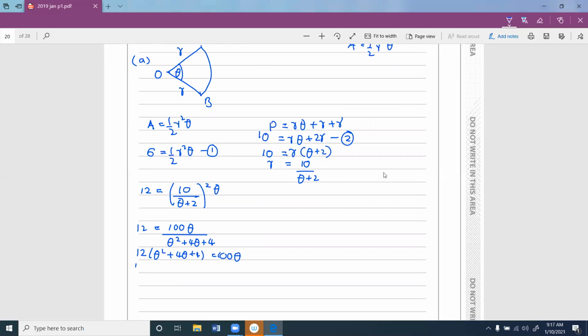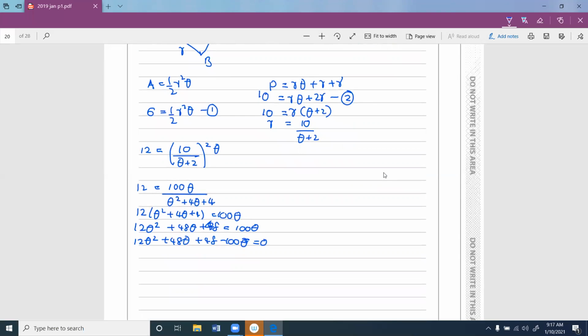If you simplify, 12 theta squared plus 48 theta plus 48 equals 100 theta. Then bring the 100 theta to the other side: 12 theta squared plus 48 theta plus 48 minus 100 theta equals 0. Simplifying, this is 12 theta squared plus 52 theta plus 48 equals 0, right?